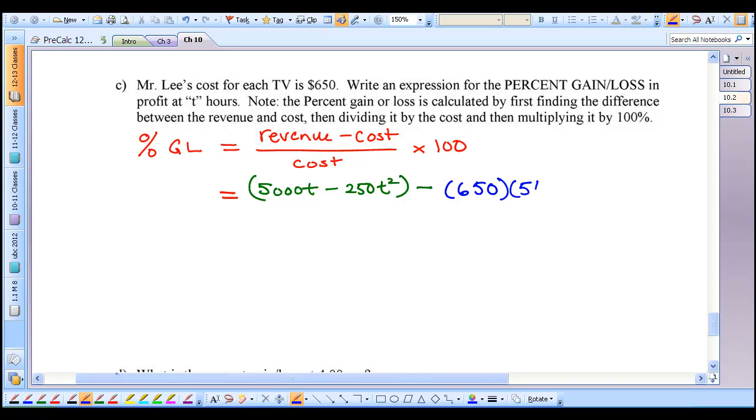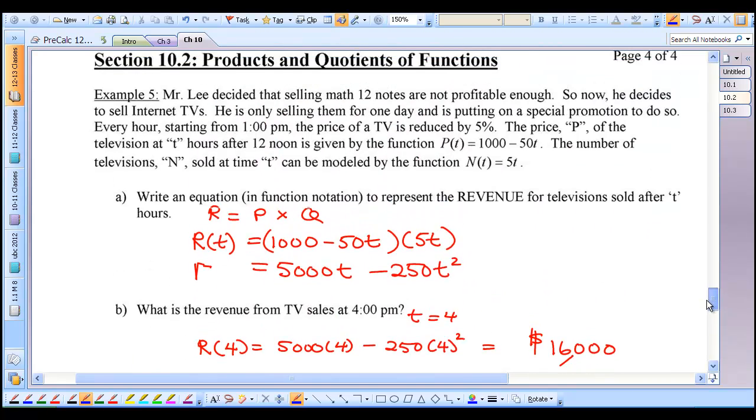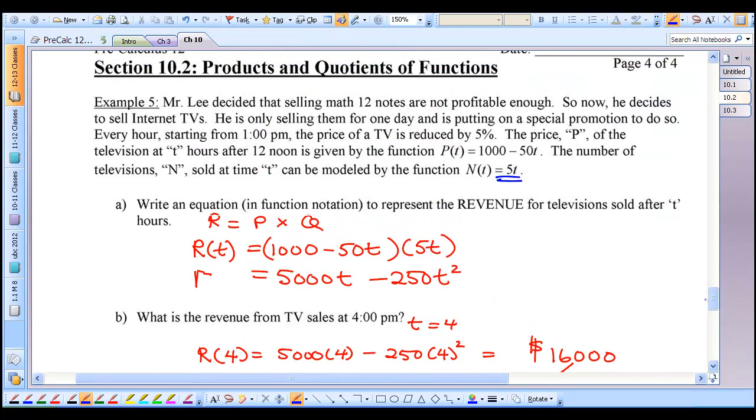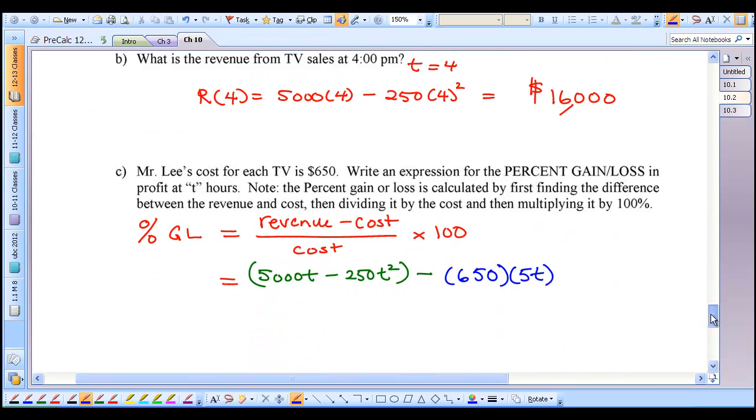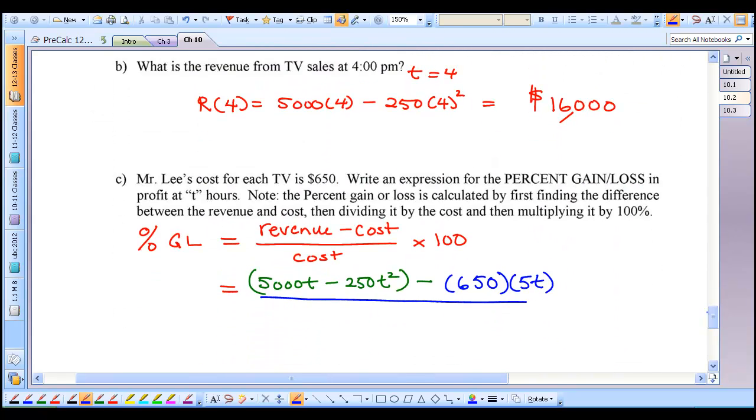Well, I'm selling TVs at a rate of 5T. Remember, that's my quantity, right? So you got to put that in. And I'm going to divide that by my cost, which is, of course, just 650 times 5T. And then we're going to multiply this whole thing by 100.